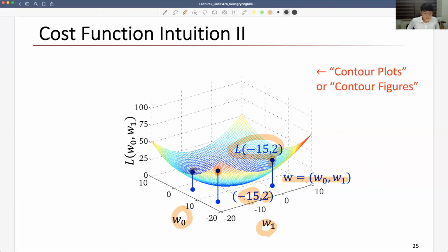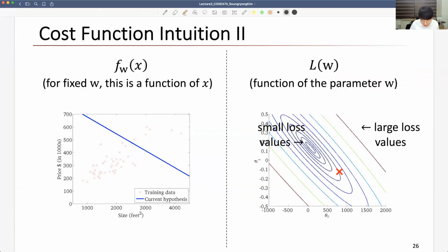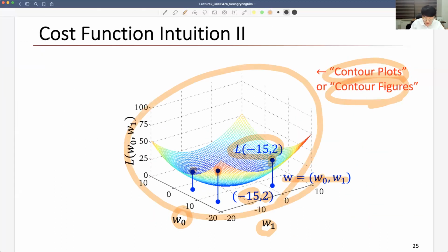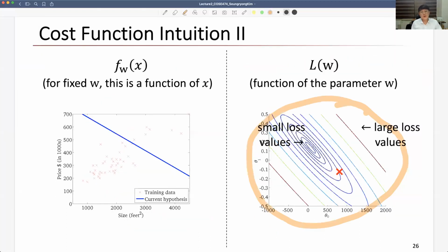So this is the 3D representation of the cost curve. However, as you can see here, it might be really hard to draw this one every time, because this is a 3D representation. So we introduce the contour plot, or the contour figure representation. This is the 2D representation of this cost curve in 3D space.